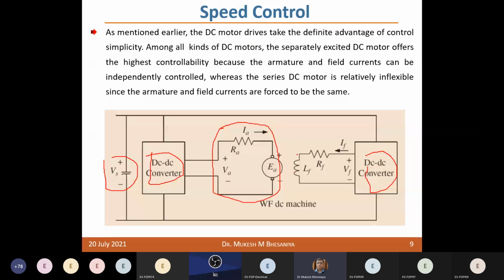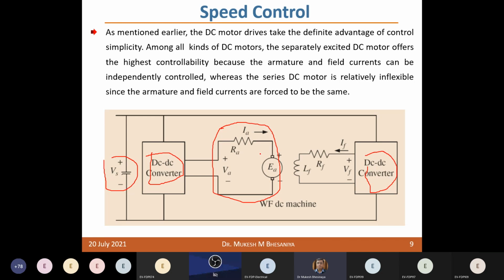But the armature voltage can be controlled only up to its rated voltage. So generally in control, you control the speed of a motor by changing the armature voltage up to the rated speed, or base speed. Beyond the base speed, if you want to control the motor, you need to reduce the flux, because speed is inversely proportional to the field flux.